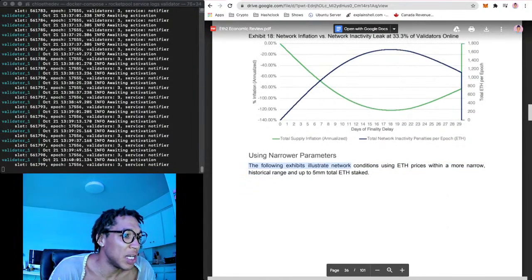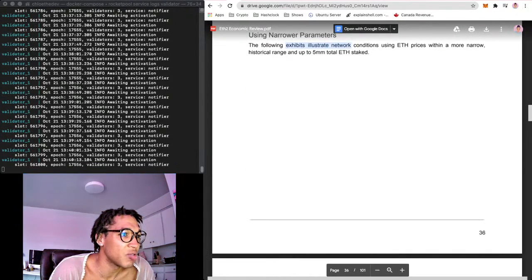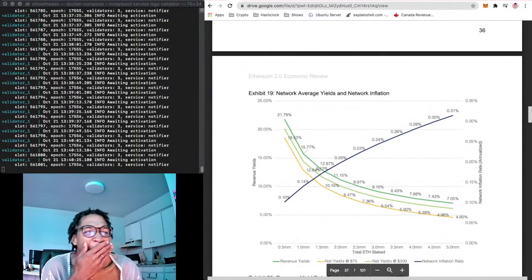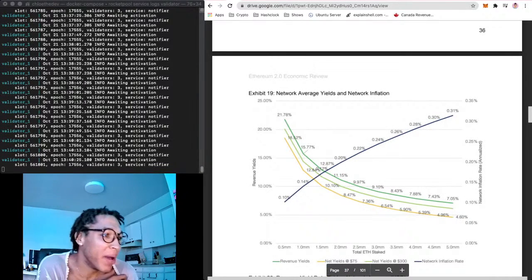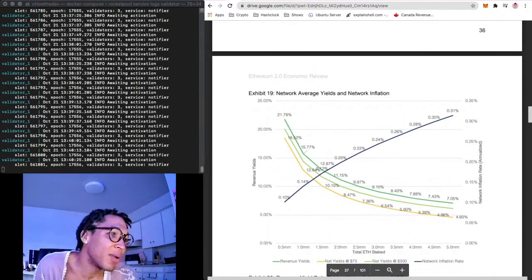Using narrower parameters. The following exhibits illustrate network conditions using ETH price with a more narrow historical range and up to 5 million total ETH staked. Bad, oh bad. So this is the network average yields and network inflation.